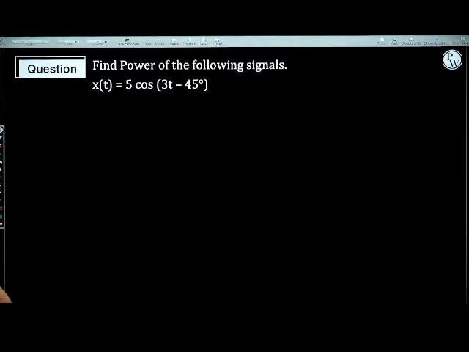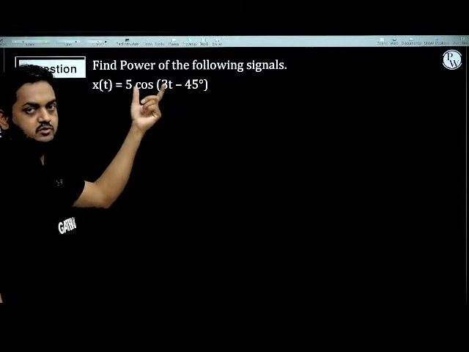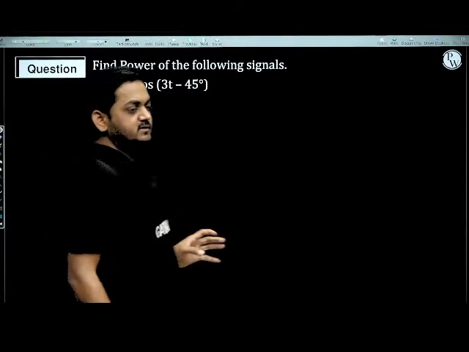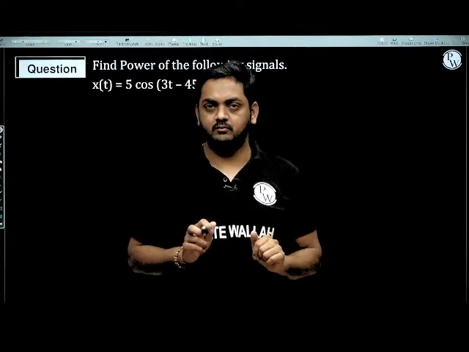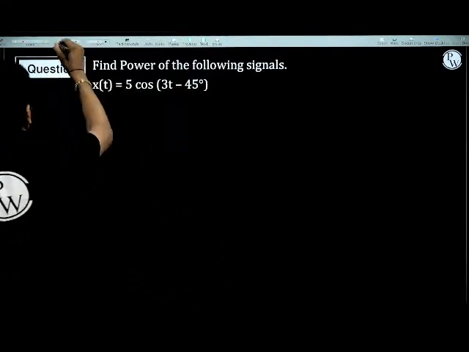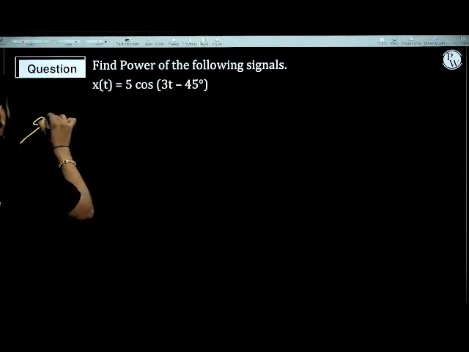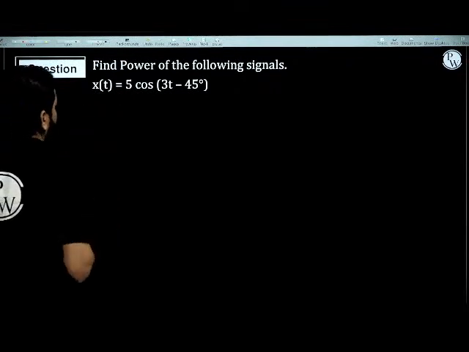Here, what is the power of this sinusoidal function? See, additional phase angle does not depend on the value of frequency. Simply, power is directly proportional to the square of the amplitude. So this is a simple sinusoidal function; whether it is sine or cos doesn't matter. The average power is given by peak value square divided by 2.